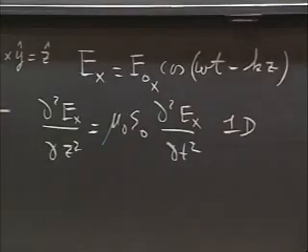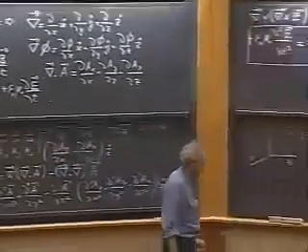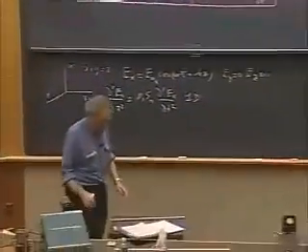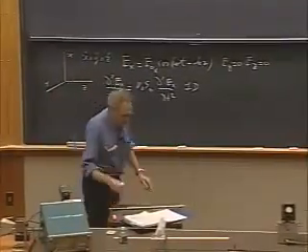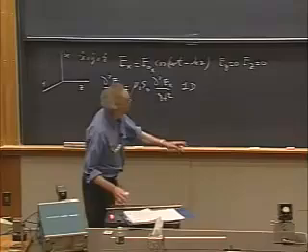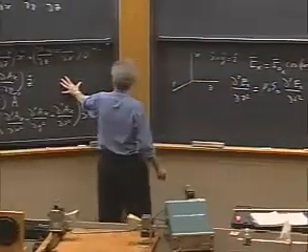Now remember that the curl of E is minus dB dt. So the curl of E, in this case, and you can check that because you know what the curl is. I have the curl, here is the curl.